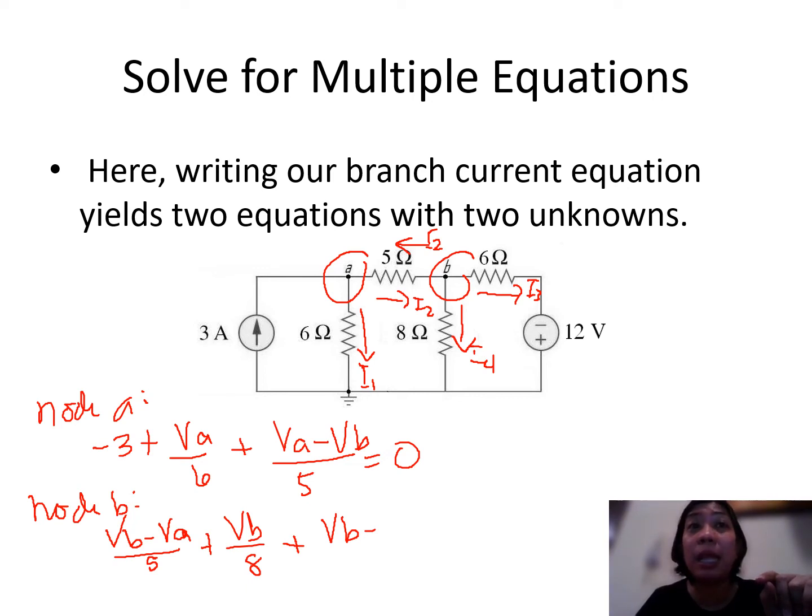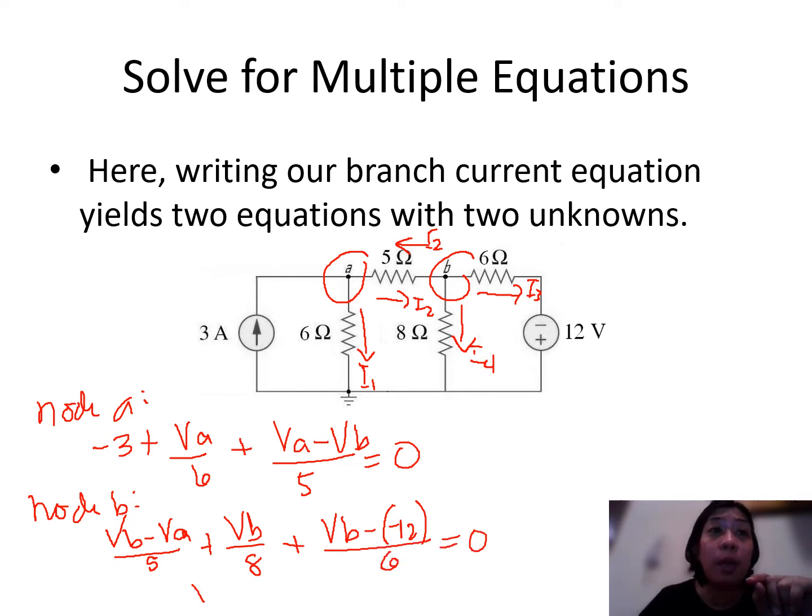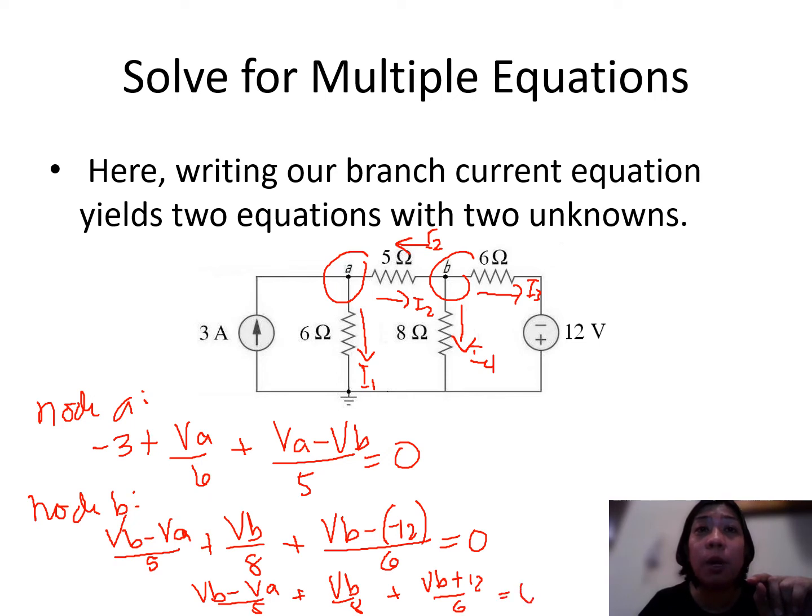But since this is negative, this is negative 12, divided by 6, is equal to 0. So rewriting, we have VB minus VA all over 5 plus VB all over 8 plus VB plus 12 all over 6 is equal to 0.